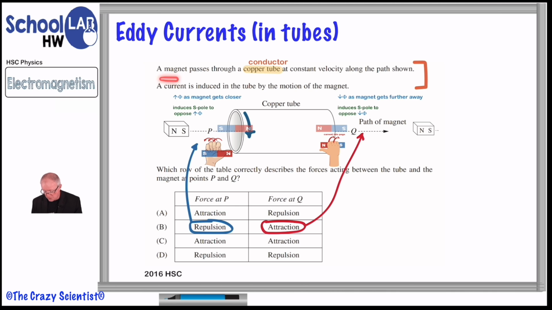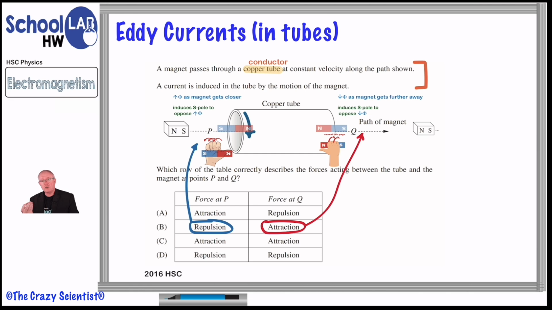So a magnet passes through a conductor, a copper pipe, at constant velocity. The current is induced in the tube by the motion of the magnet. So we've got relative motion between a magnetic field and a conductor. Which row of the table correctly describes the force at P and Q? So if we're moving a magnet in this way, this end of the tube initially has no magnetic flux.